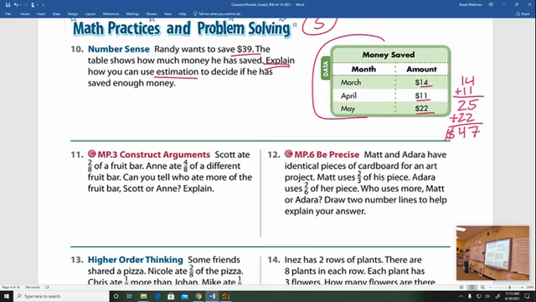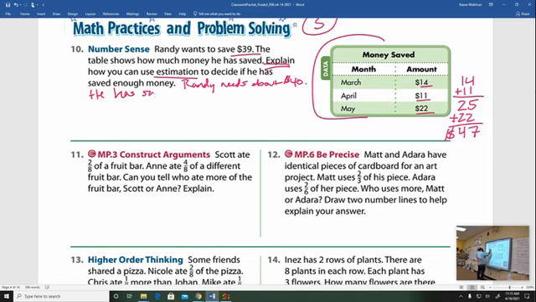Did anybody put estimation in theirs? Grace? How could you put it in? Estimation is a guess. An educated guess, right? Well, so you might be rounding in this case. So what if we said, let's see, Randy needs about $40.